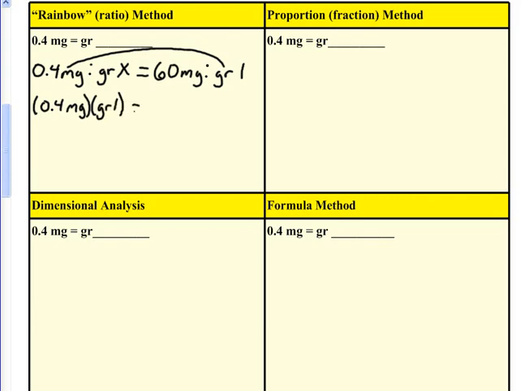We will set this equal to the inside part of our rainbow, grain X times 60 milligrams. Again, to get X by itself, we will have to divide by the 60 milligrams, and we must do this on both sides of the equal sign.